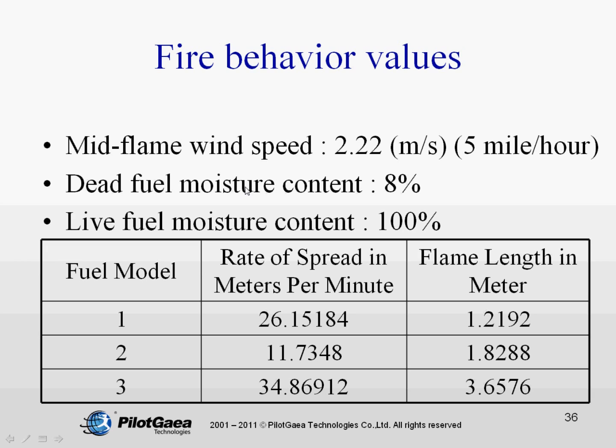The dead fuel moisture content means the moisture of the fuel that is burned out. The live fuel moisture content means the moisture of the fuel that is still alive in the air after burning. Here, the dead fuel moisture content is set at a fixed value and the live fuel moisture content is set at 100%.